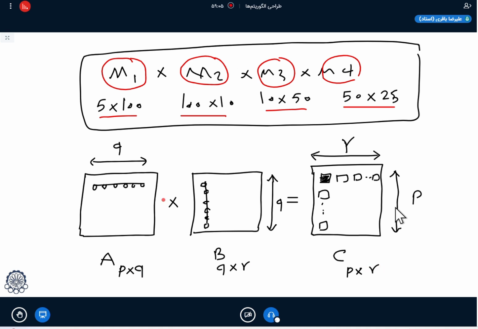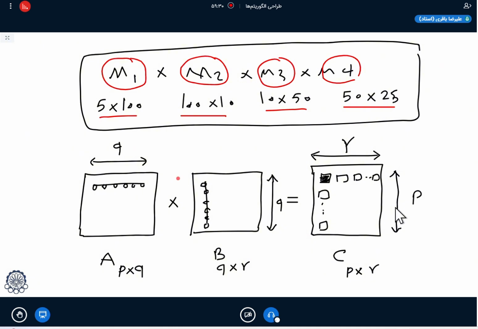But when we multiply these two, for each element of C, we do Q multiplications. One row of A is multiplied by one column of B. One row of A has Q elements, and one column of B has Q elements.